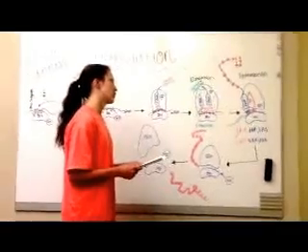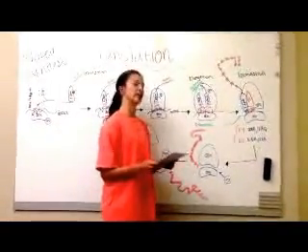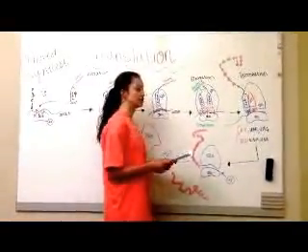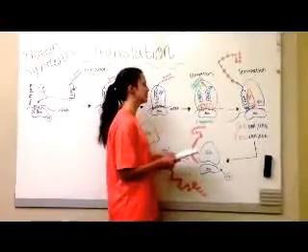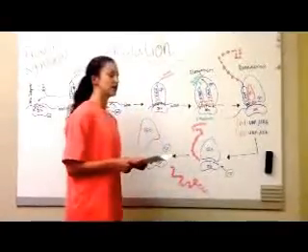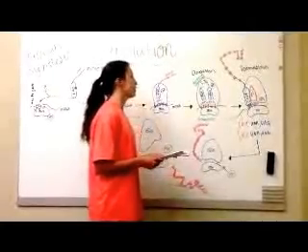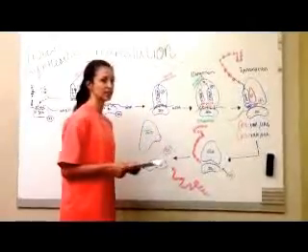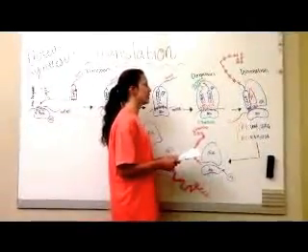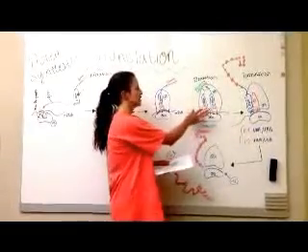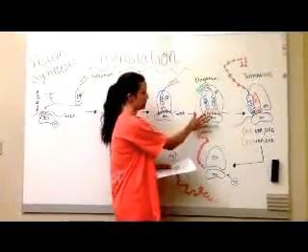Elongation starts when a tRNA with the anticodon sequence to the codon that is located in the A site binds to that codon. So once it binds to that codon, you will then have peptidyltransferase, which is an enzyme, and it will cut the amino acid from the tRNA that is located in the P site.